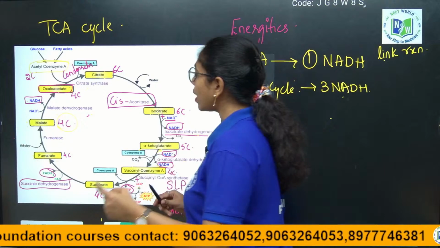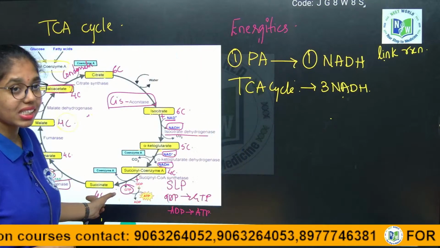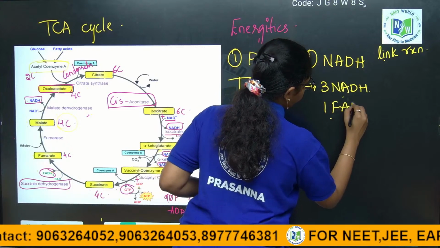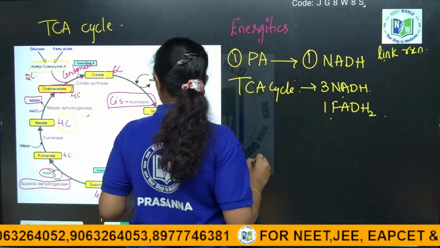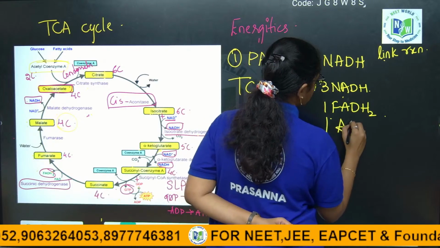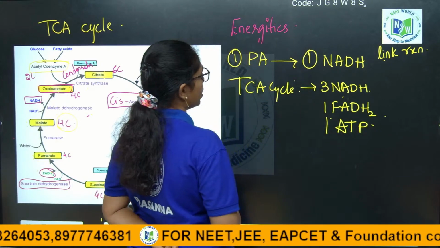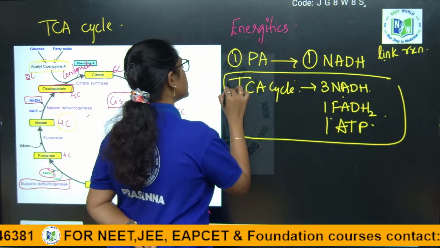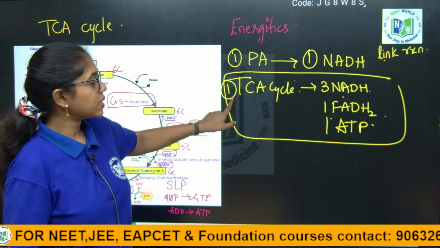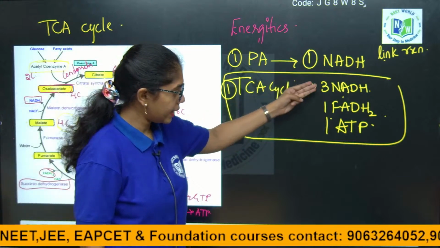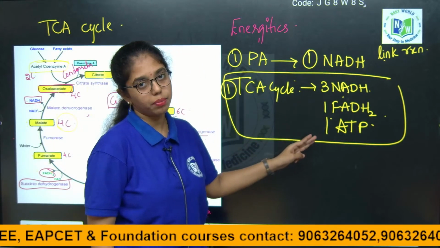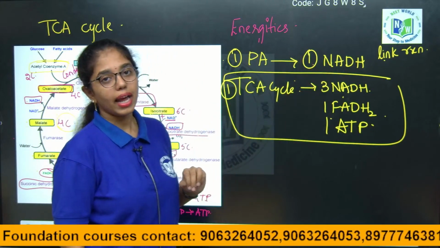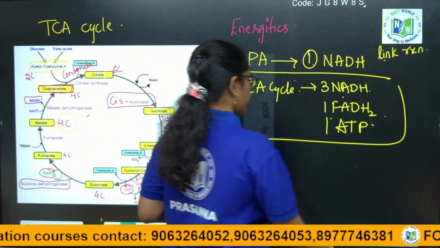And one molecule of FADH2, from succinate to fumarate, and in the Krebs cycle one ATP is also released. In one Krebs cycle, 3 NADH, 1 FADH2 and 1 ATP are released. In the link reaction, for one pyruvic acid, 1 NADH is released.